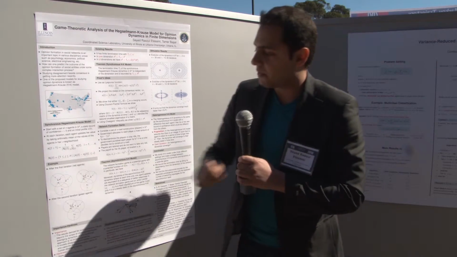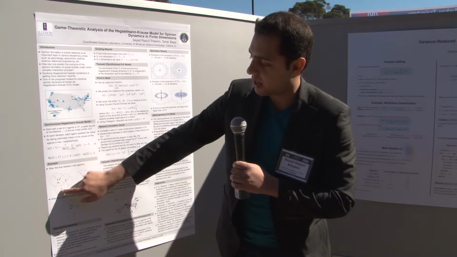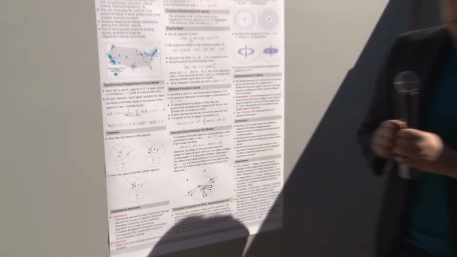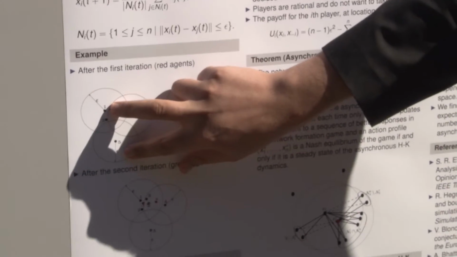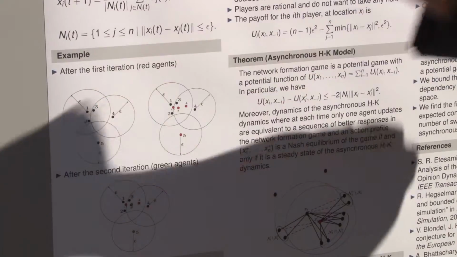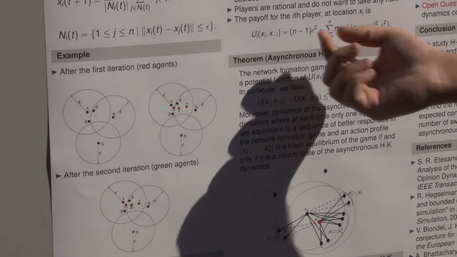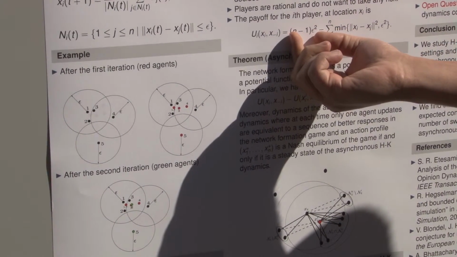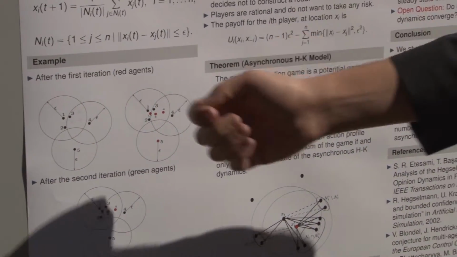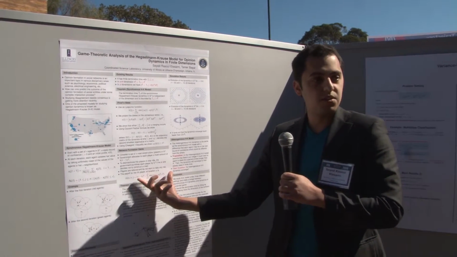Agents do not want to take risks, because if a person is far from him, for example agent 1 is here and this guy is far from him, he doesn't want to spend more than the epsilon squared budget to build that road because he is far. But if it's less than epsilon squared, he prefers to build that road and spend that epsilon squared, because if he doesn't, the government will take it back. So each player has this much money, and this is the amount that he uses to build the possible connections. Therefore, in total, he is saving this much. That's the utility.